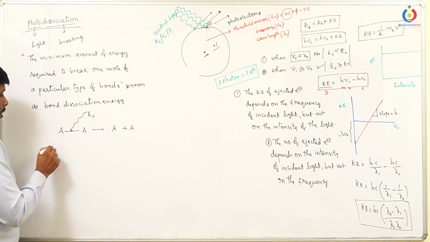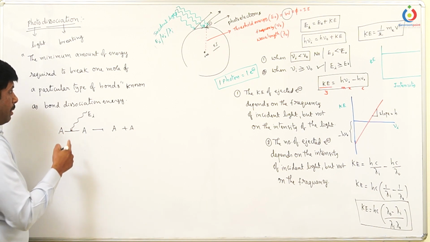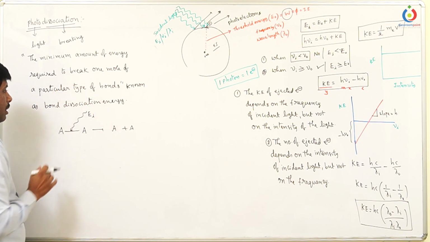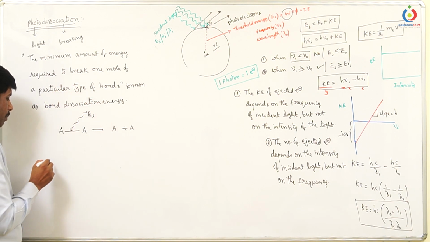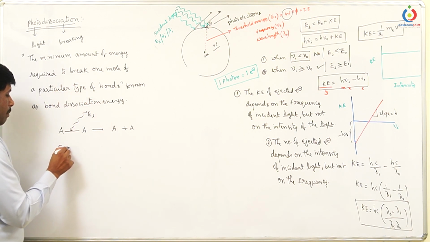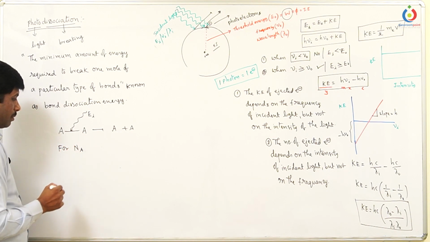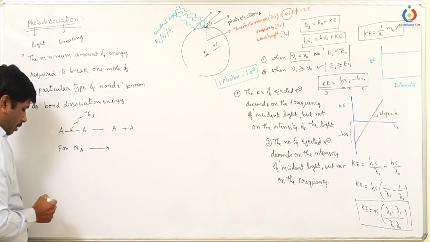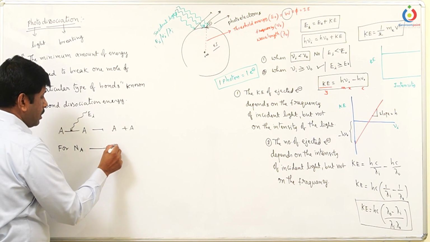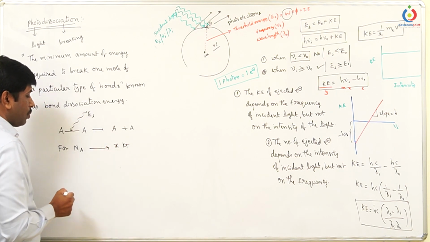So the amount of energy required to break 1 mole of bonds is known as the bond dissociation energy. 1 mole means Na number of bonds. To break Na number of bonds, imagine x kilojoules of energy is required.